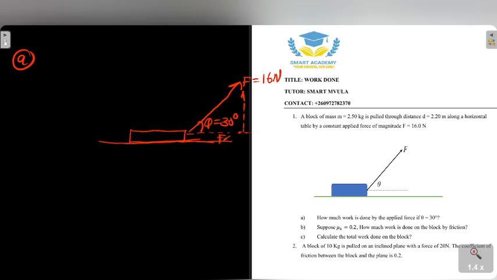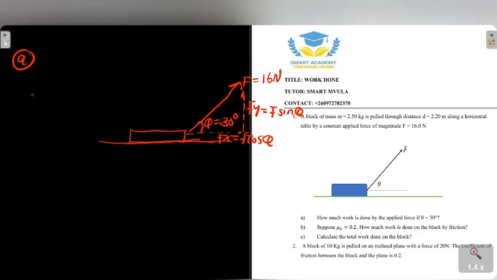We have Fx, which is F cos theta, and the force in the y, which is F sine theta. Since the block is moving in the positive x direction, the only force we use is F cos theta.